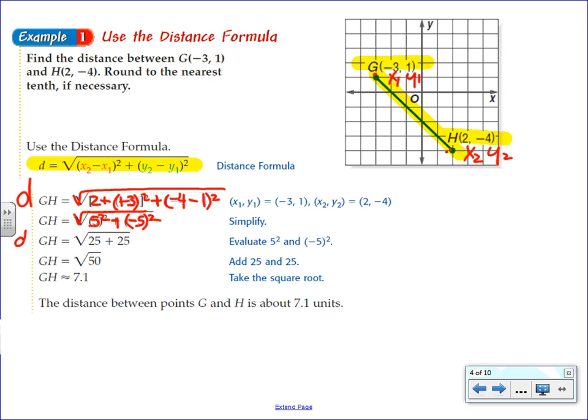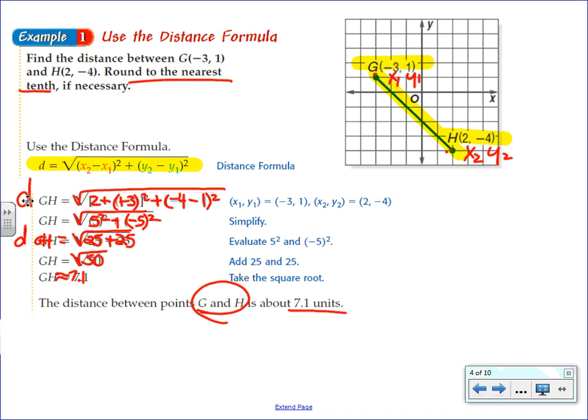So the distance for GH will be the square root of 25 plus 25, or the square root of 50, which, if you pull out your calculator, you will see is approximately 7.1. It did say round to the nearest tenth. Okay, so the distance between G and H is about 7.1 units.